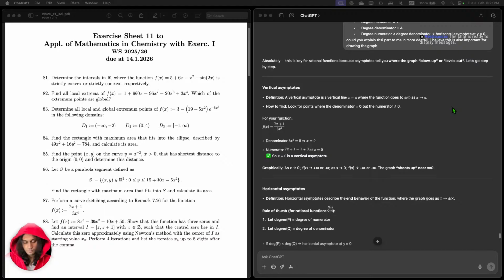So the asymptote is for the value that makes the denominator 0.